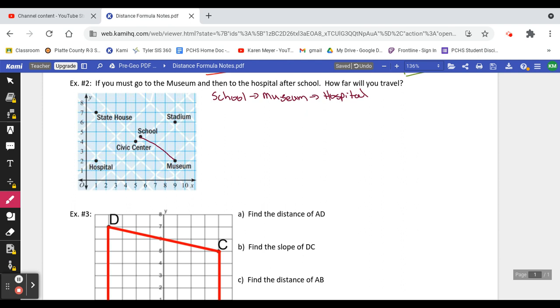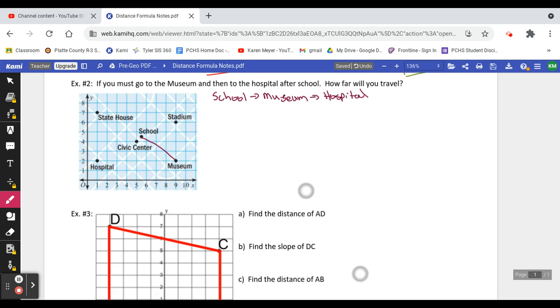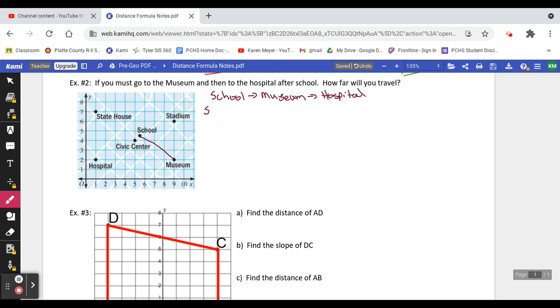So let's start with the ordered pair for school. School, so I'll just use S for school. And that would be the ordered pair 5.5, comma 4.5. And then museum would be 9, comma 2.